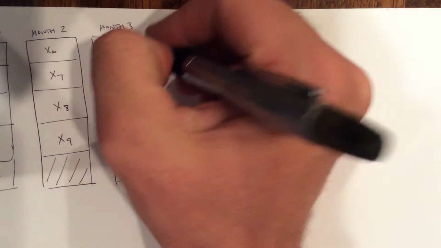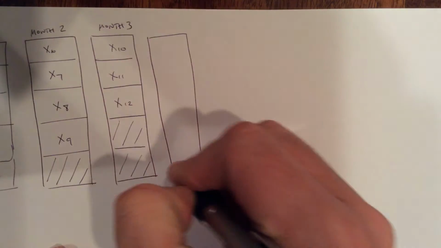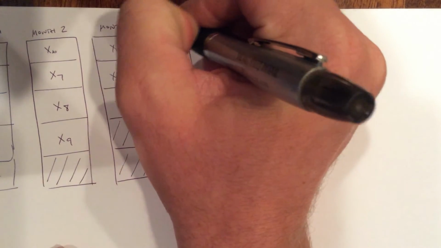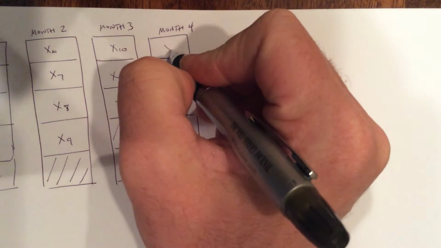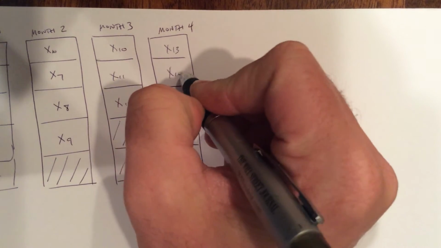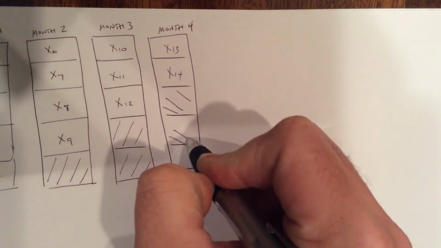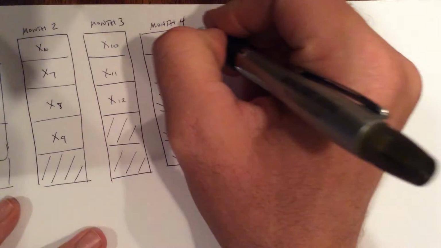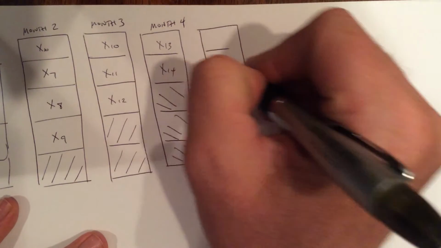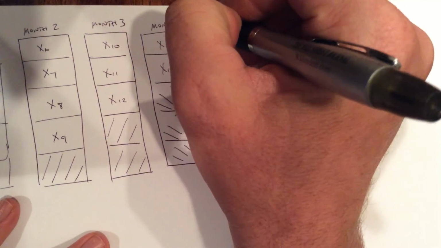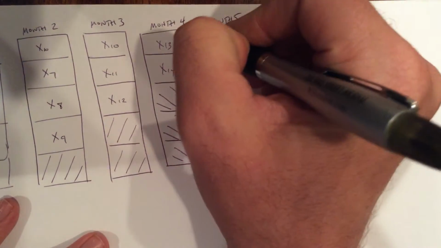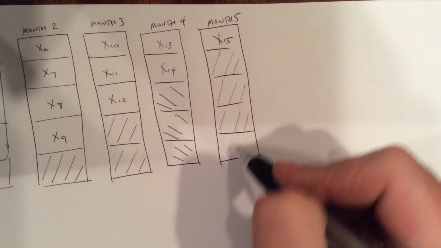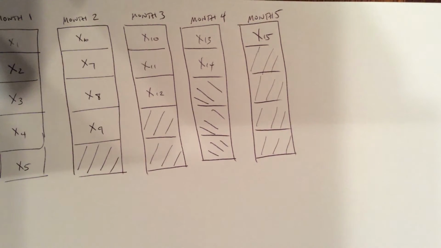All right, now in month 4, we can take out a 1-month loan, which is x13, a 2-month loan, which is x14, but no other loans at this time. And lastly, in month 5, the only thing we can do in month 5 is take out a 1-month loan, which is x15. Everything else takes us past the 6-month mark.